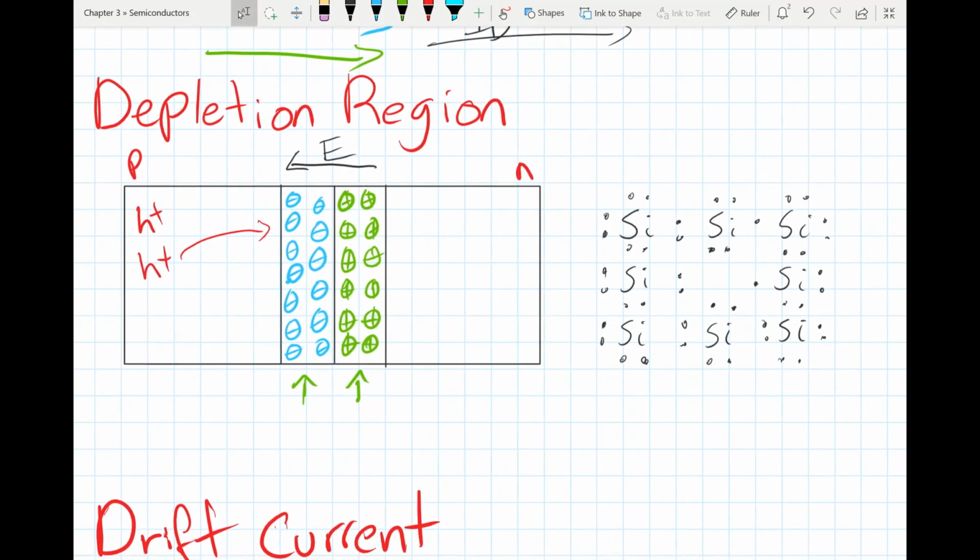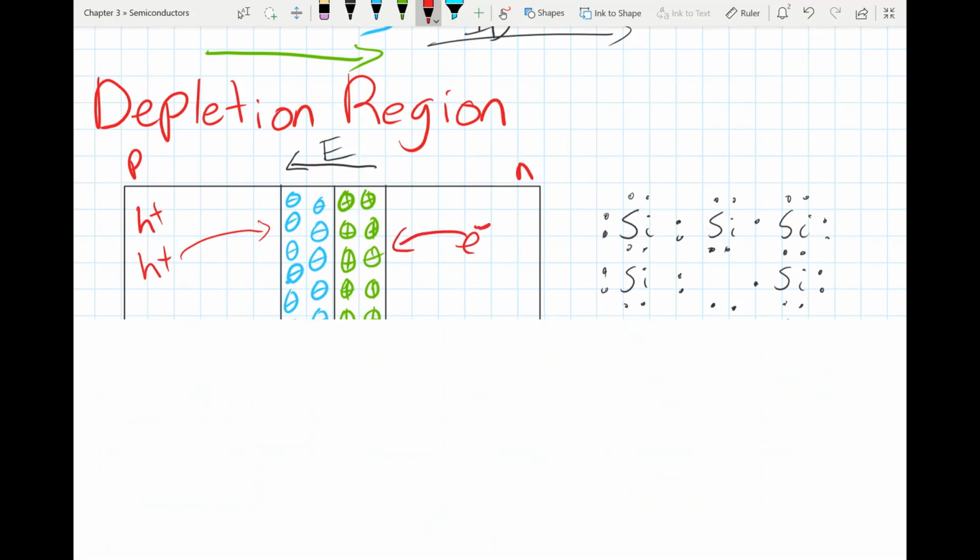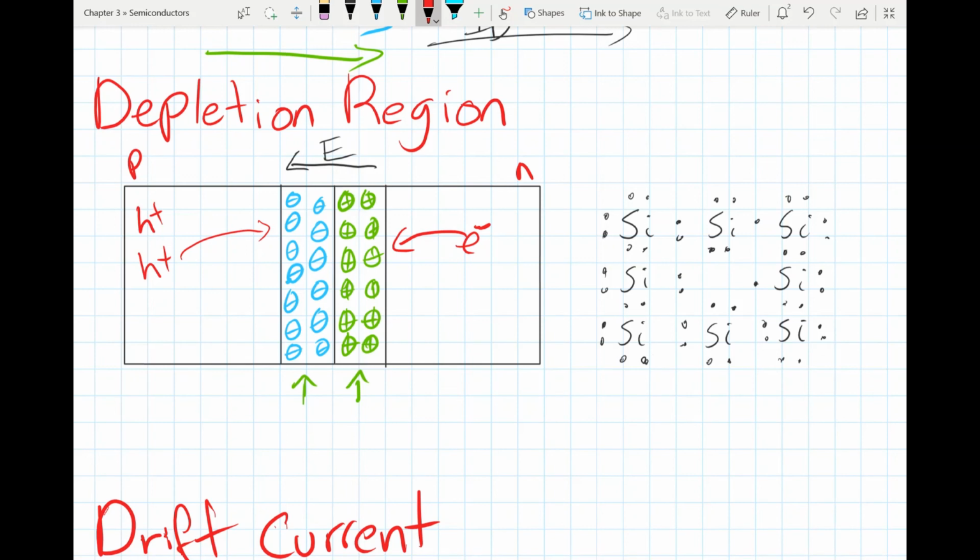After these bound charges are created, we create what is called a depletion region, and that depletion region acts as a barrier for more majority carriers. The same thing will happen with electrons flowing from one side to the other. These majority carrier electrons are going to face this barrier, and they're not going to move there. So that's one thing that happens after the depletion region is formed.